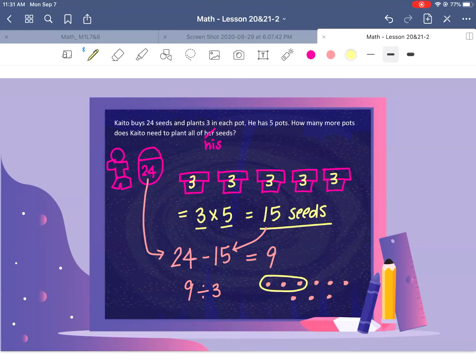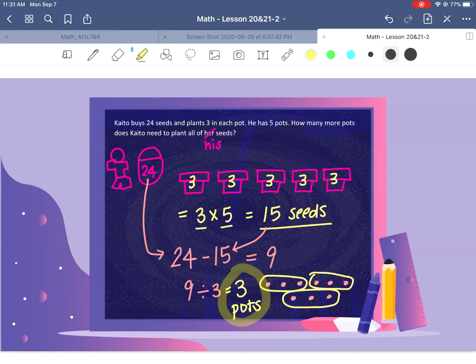So he's going to plant these 3 in one pot, and these 3 in another pot, and these 3 in another pot. So how many pots does he need to buy? He needs to buy 3 more pots. So my final answer is 3 pots.